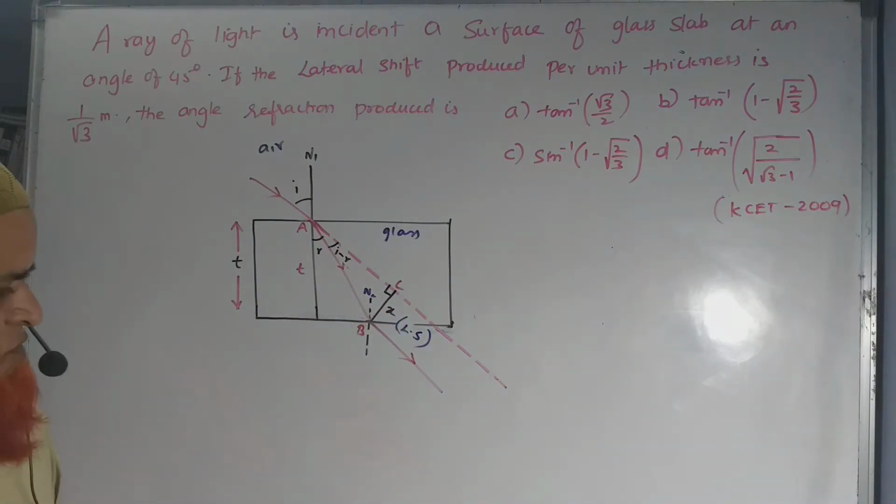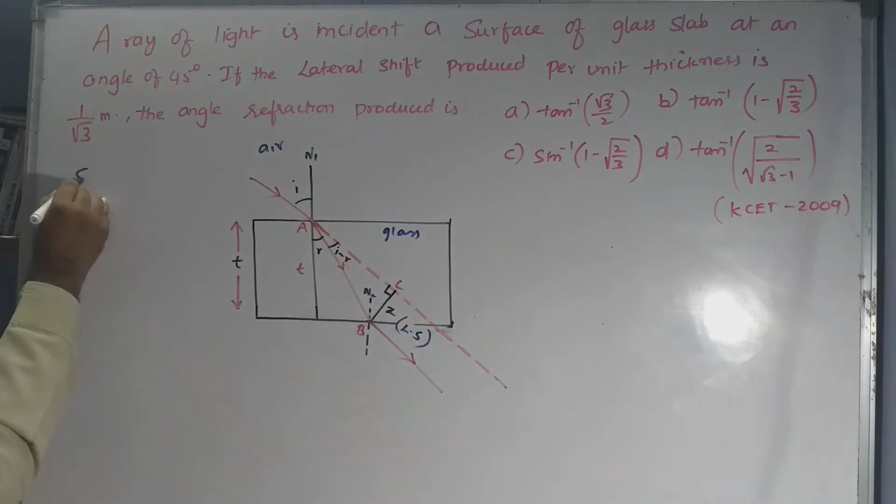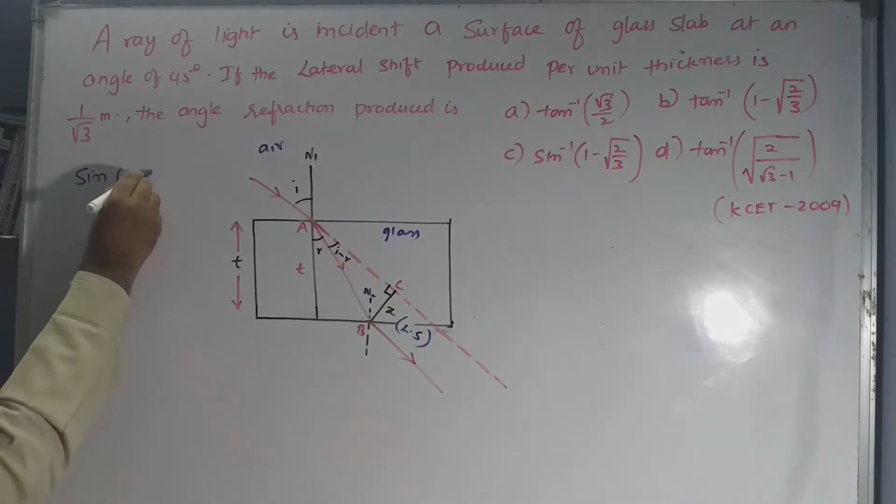It's very simple to find the lateral shift. The first thing you have to do is consider sine (i minus r).